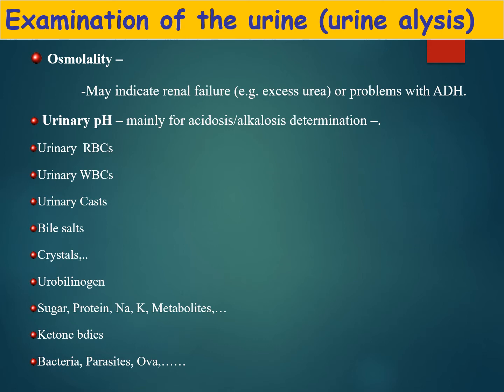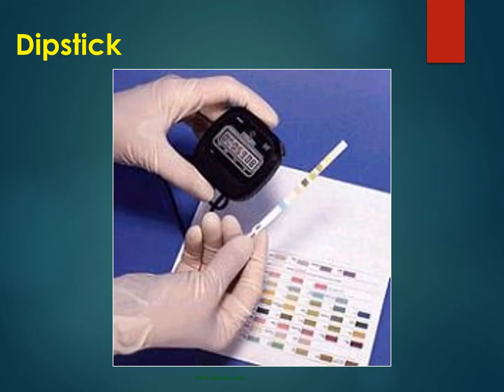We have an idea about the ketone bodies in ketoacidotic patients, in diabetic patients. We could see some bacteria, if there is bacteriuria, or some parasites or ova, like in Schistosoma haematobium; we could see some of the haematobium ova there.